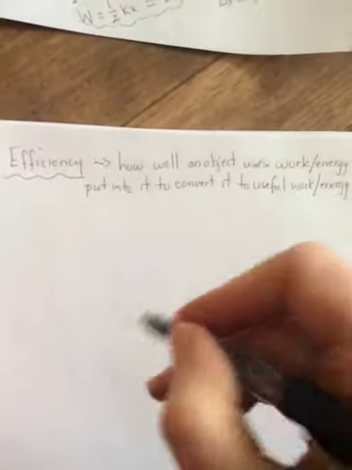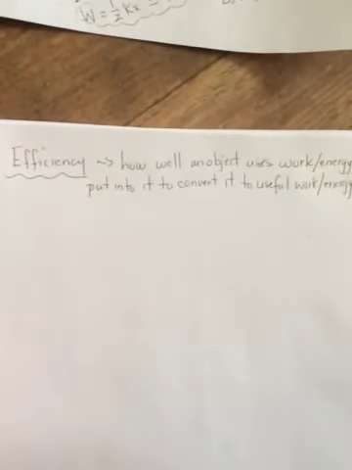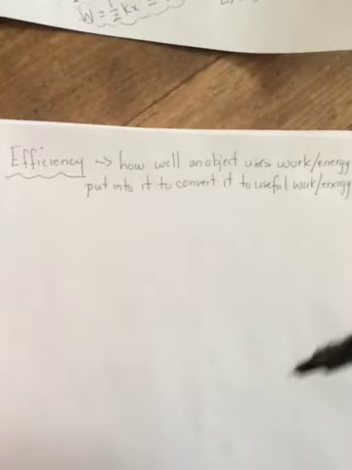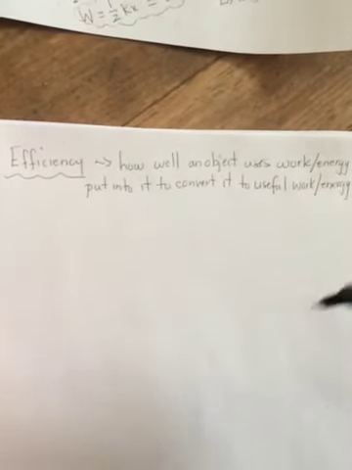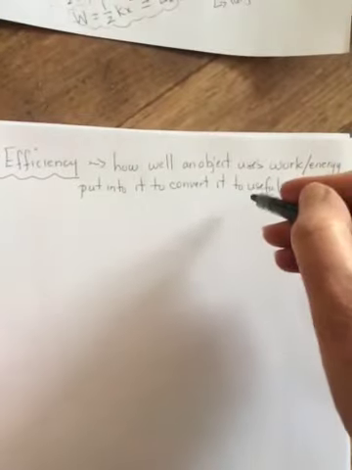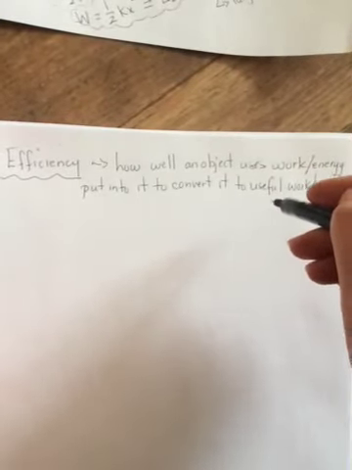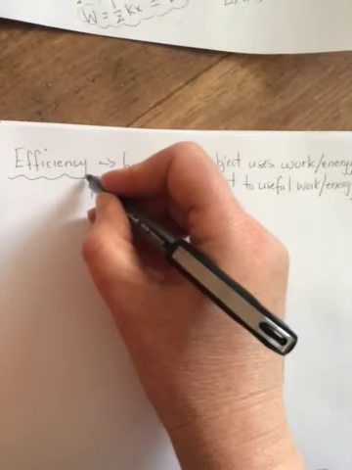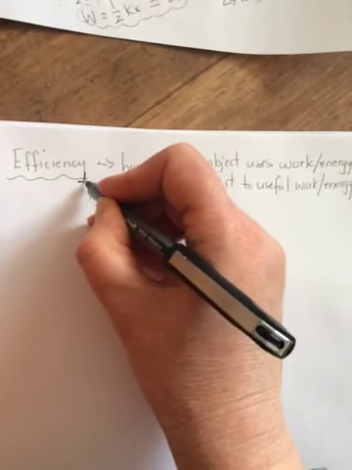Really, we often talk about how efficient our digestive system is or our metabolism is. How well does our body break down the food we eat and turn it into useful energy or work for us.